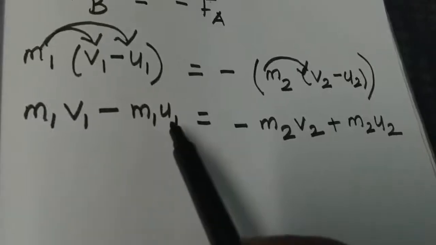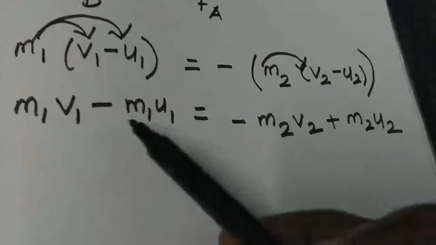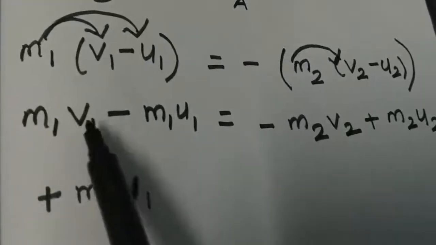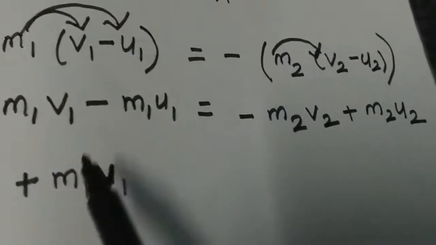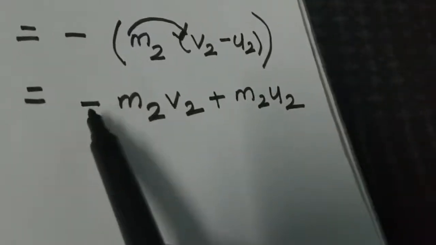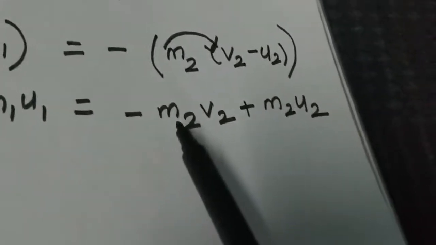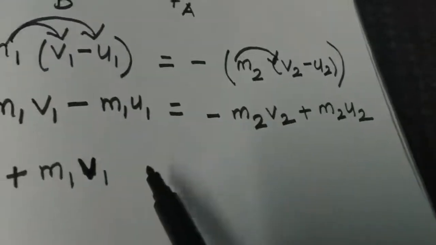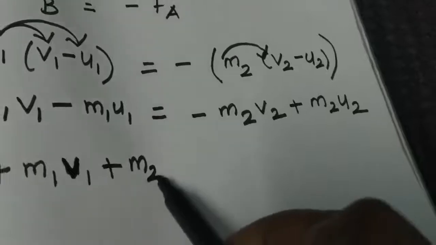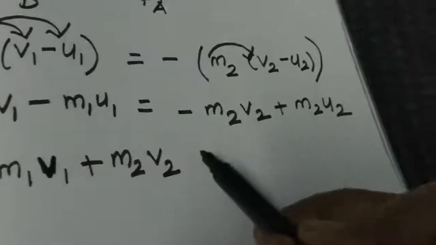Now we are going to take the initial values to one side and the final values to the other. On the left side, m1 v1, and m2 v2, which is in negative sign on the right side, will come as positive, plus m2 v2, equal to.